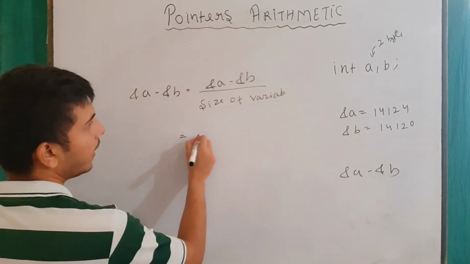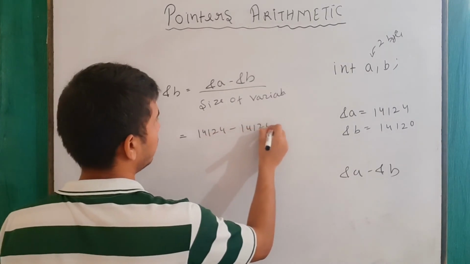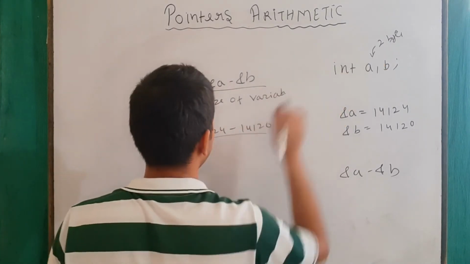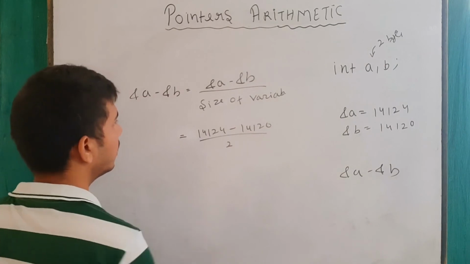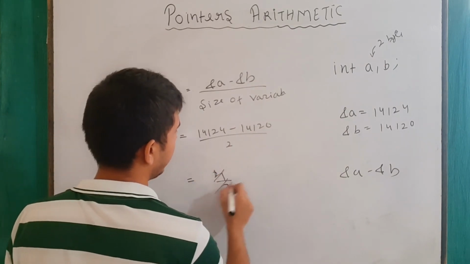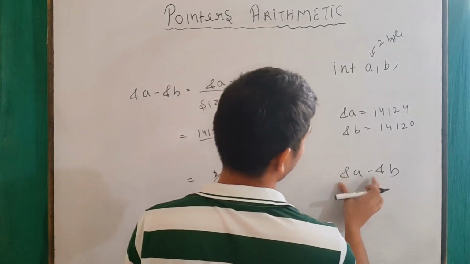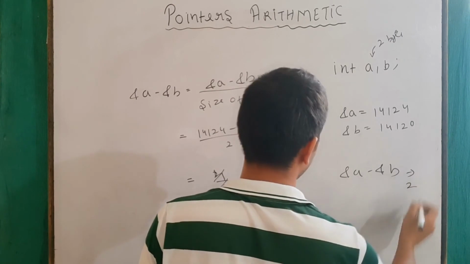For example, here the address of A was 14124 minus 14120, and the size of the variable I am considering is 2 bytes. So our output will be 4 by 2, and the final output will be 2. So if we printf %u with this, our output will be 2.